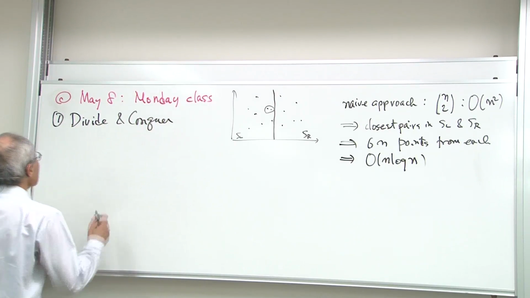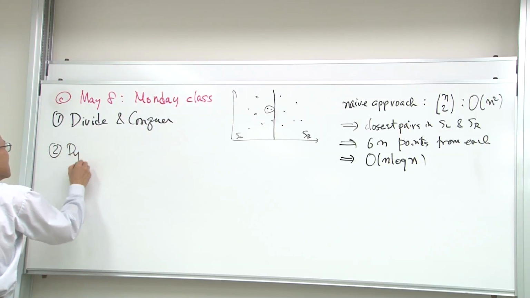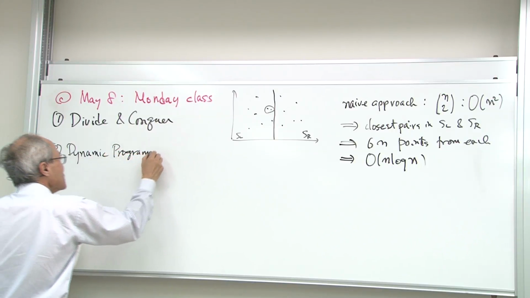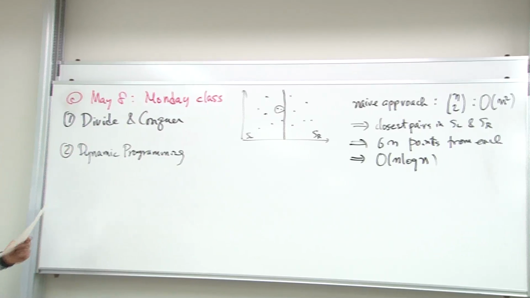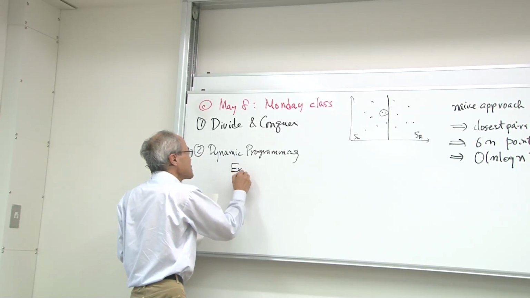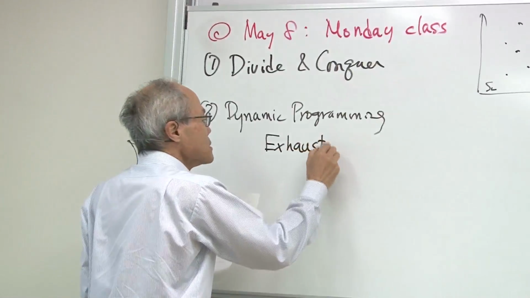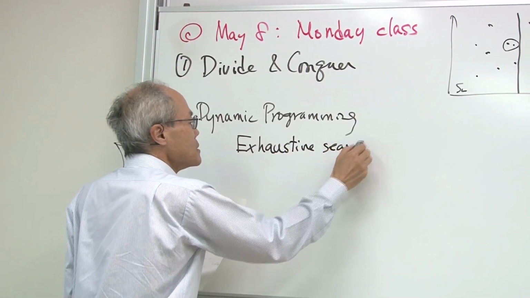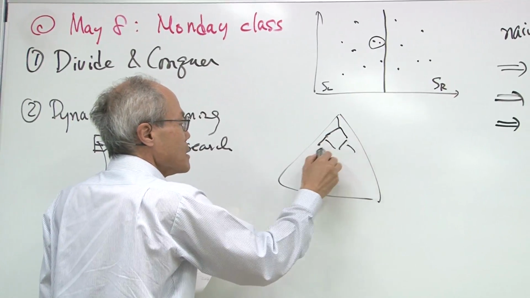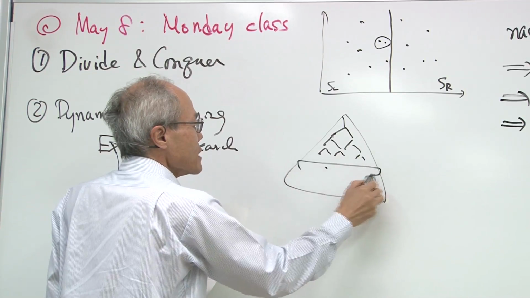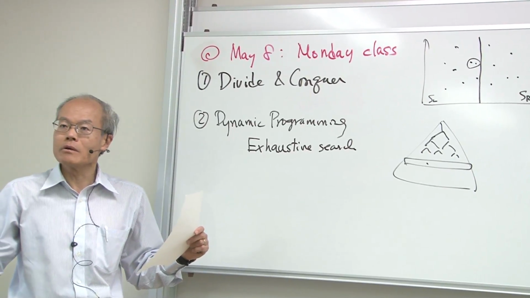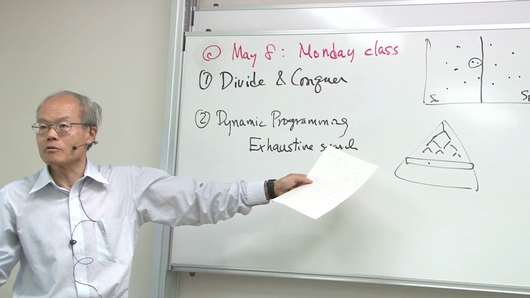Number 2 is DP, dynamic programming. Again, this is very clever. What you do is just exhaustive search by using a tree structure. However, if you look at some level of nodes, then you notice that there are many same nodes.